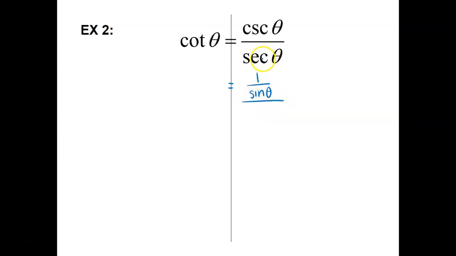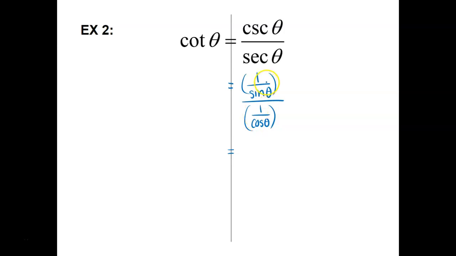And then secant, Spencer, what is secant? 1 over cosine theta. And I like to put some parentheses so I don't get things all jumbled up with that complex fraction. So here we do not like to have complex fractions. How do we get rid of complex fractions, Richard? It's easy as pie.